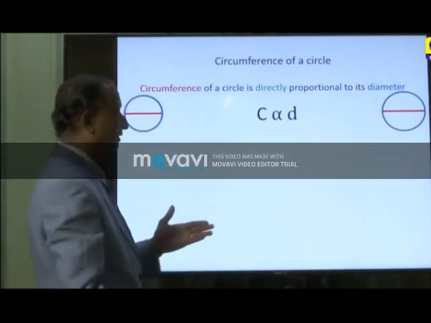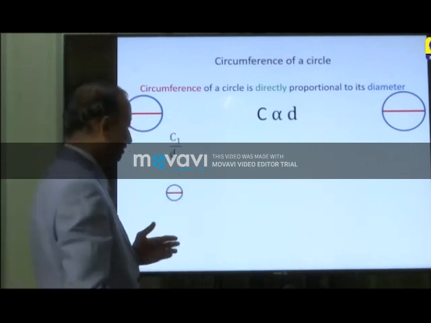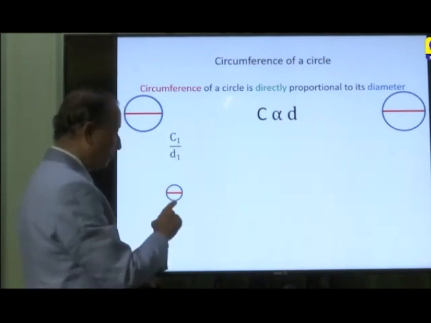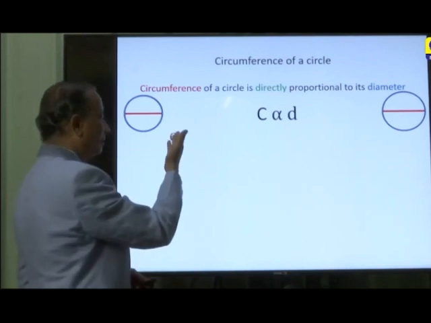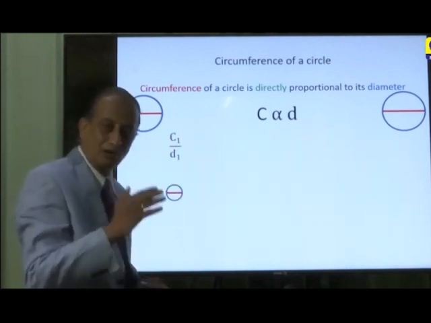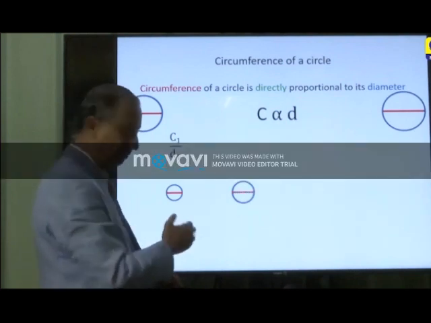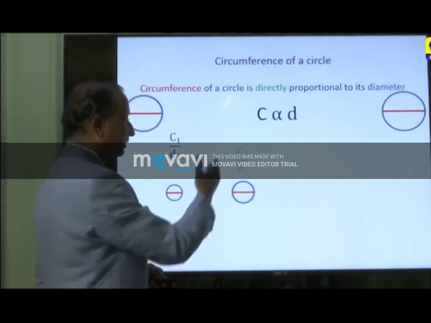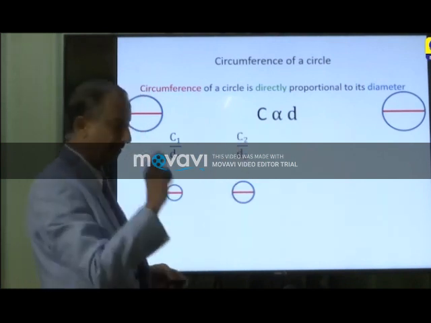This can be further explained by considering 3 to 4 circles and comparing their circumference. Here is a small circle with its diameter. Let us take the ratio between the circumference and diameter, call it C1 by D1. One more circle, a little bigger, has so much diameter; take the ratio between its circumference and diameter, and keep it aside.